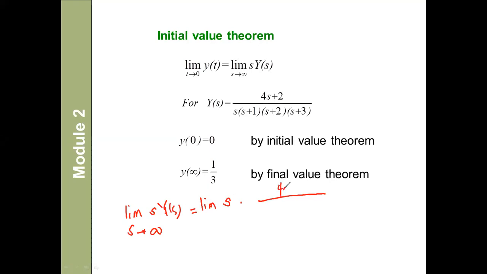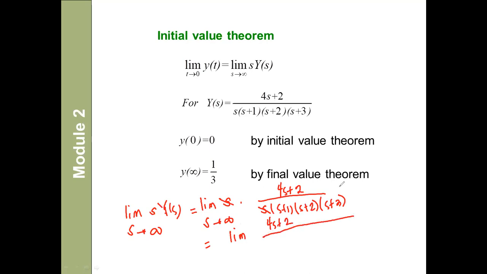So you have 4s plus 2, and you have s times s plus 1, s plus 2, and s plus 3. This is as s approaches infinity. So we cancel the s, and then we substitute infinity here. So you will have the limit of 4s plus 2 over.